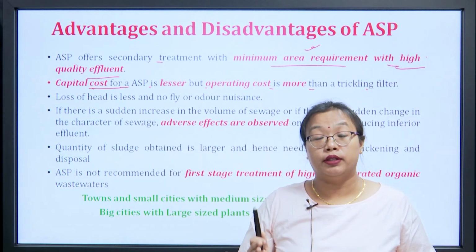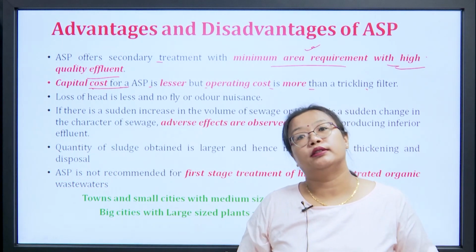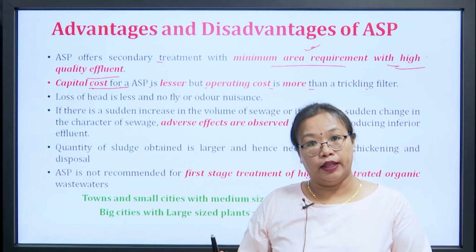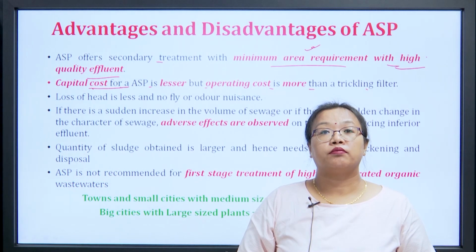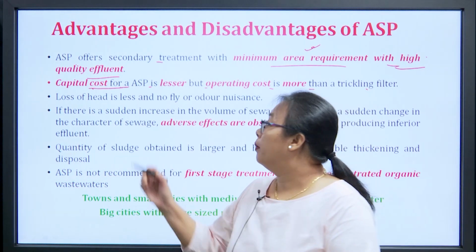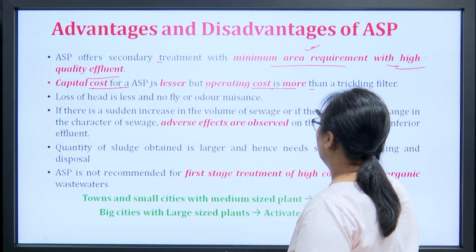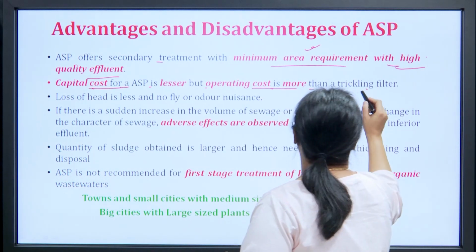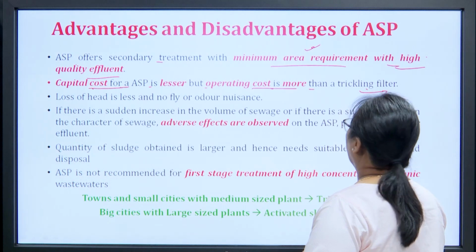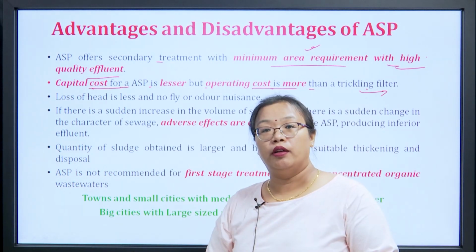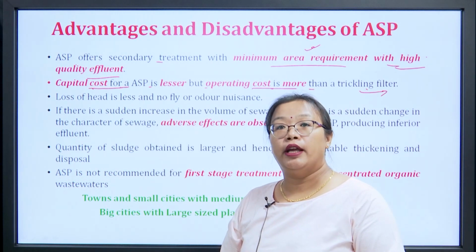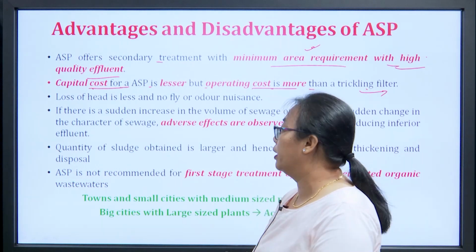Why? Because you are going to construct an aeration tank plus the secondary sedimentation tank, right. But operating cost आपका trickling filter से कहीं ज़्यादा होगा. ट्रिकलिंग filter में there is not much electricity use, whereas in ASP we are going to use lots of electricity.